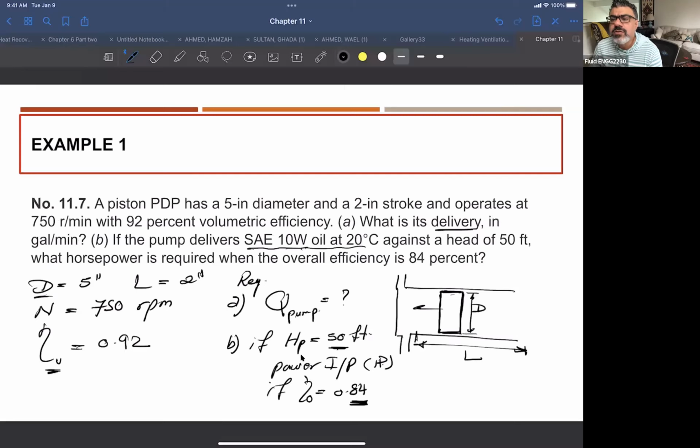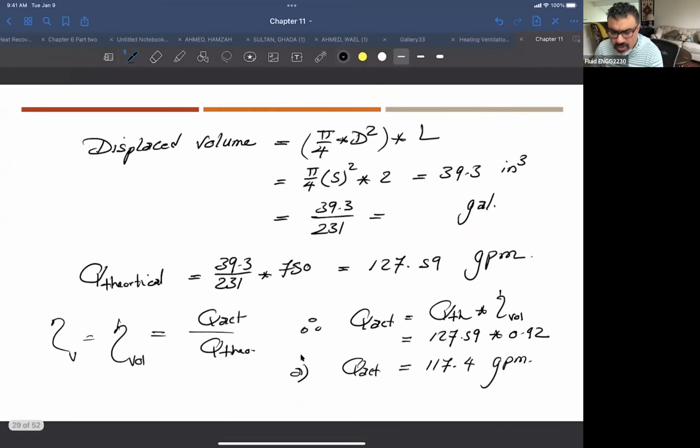Any questions so far? I wanted to make sure that, at least for this chapter, you're getting to know the minimum required information about the pump. Understanding what volumetric efficiency is, what mechanical efficiency is, what overall efficiency is, power input versus power output.